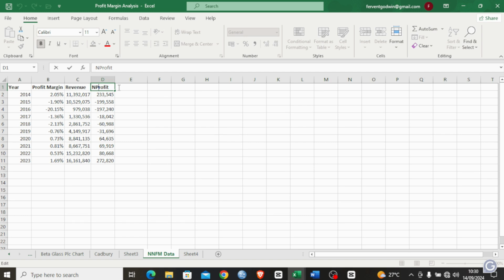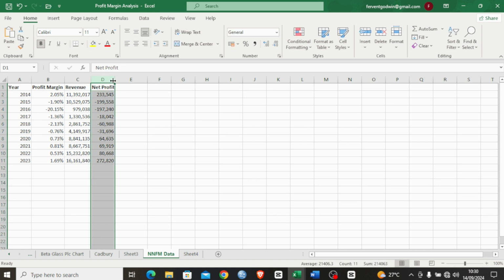Let's see. Okay, so just a little tweak. All right, for more clarity. The profit margin is a function of the net profit and the revenue. You can see the formula here, we just divide the net profit by the revenue, and then we get the profit margin.